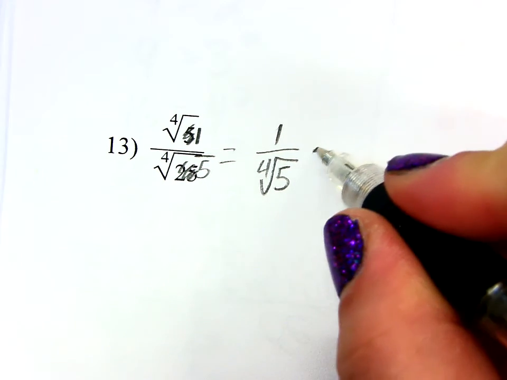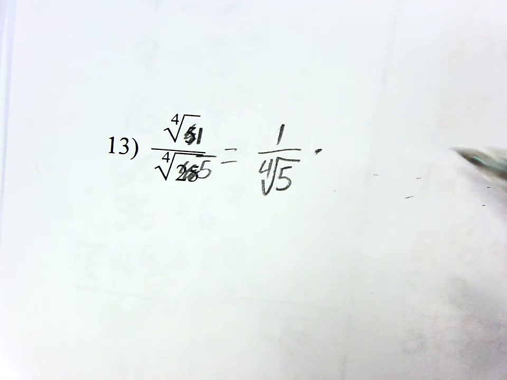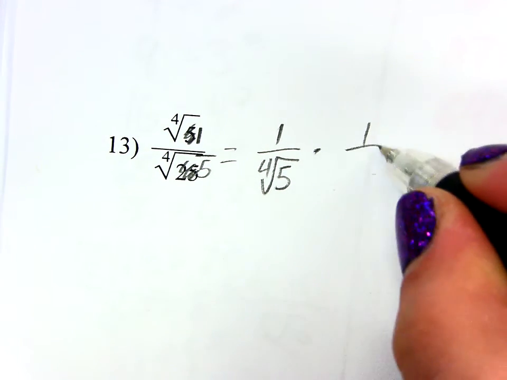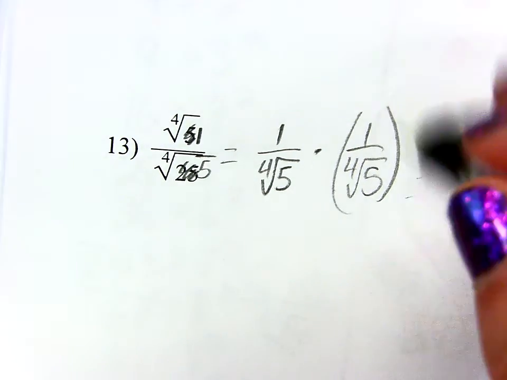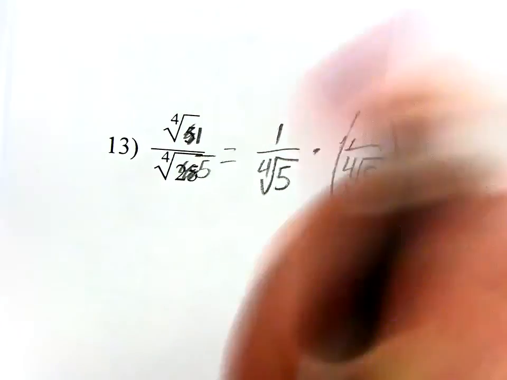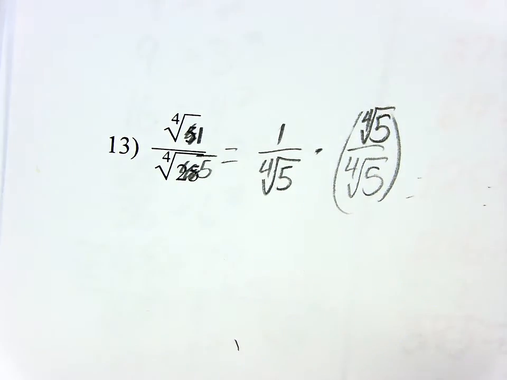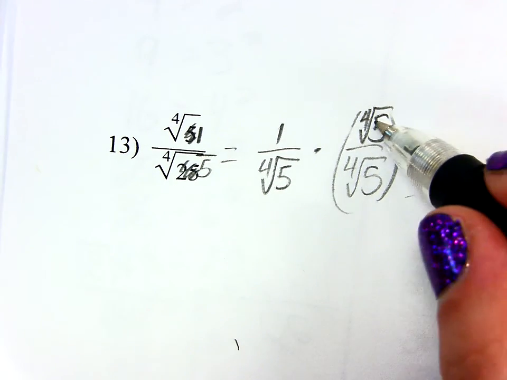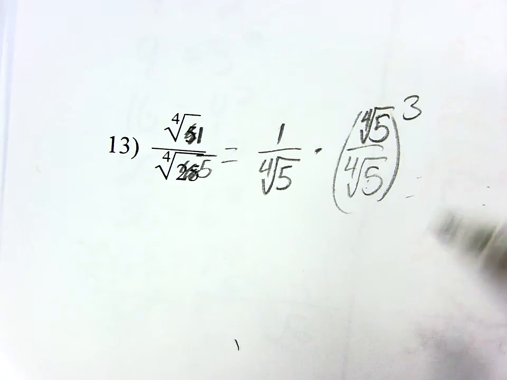Okay, so again, I like to write them out so that I have 4 altogether. I can multiply by the 4th root of 5 over the 4th root of 5, and I need 3 more of them.